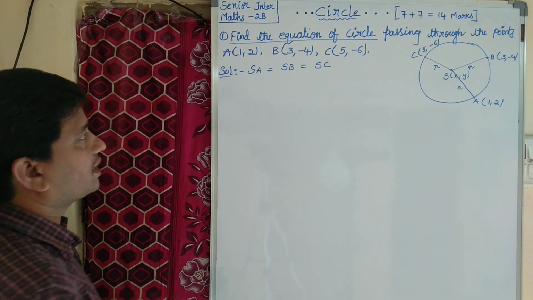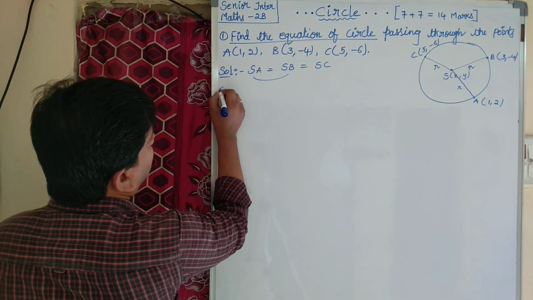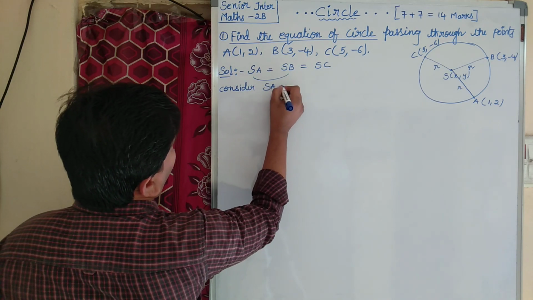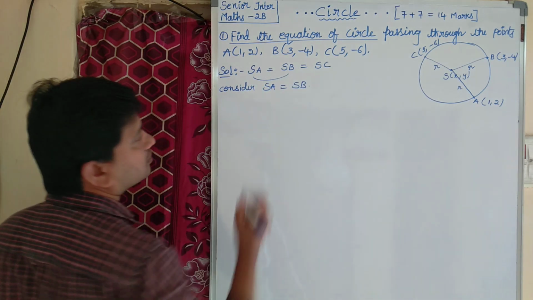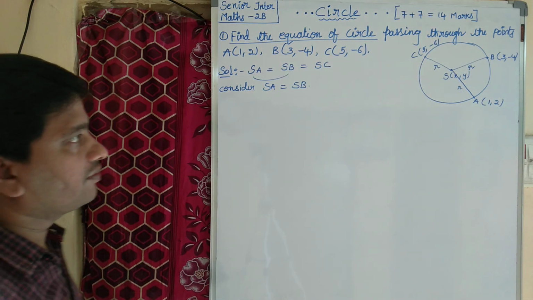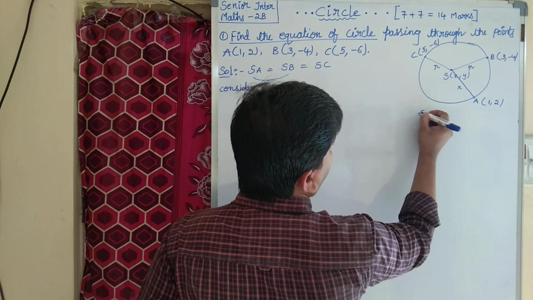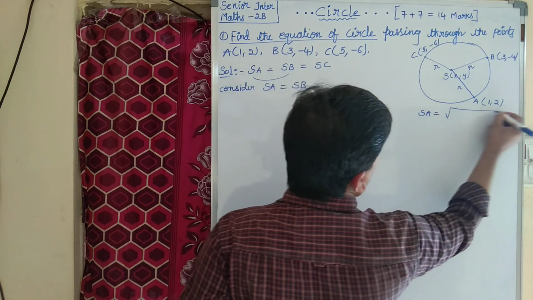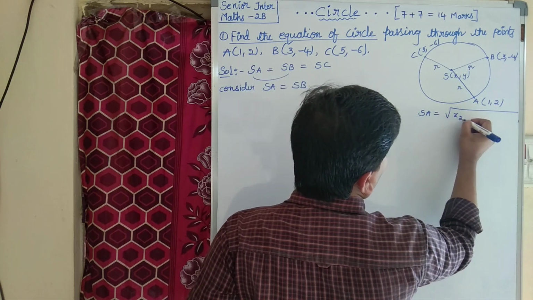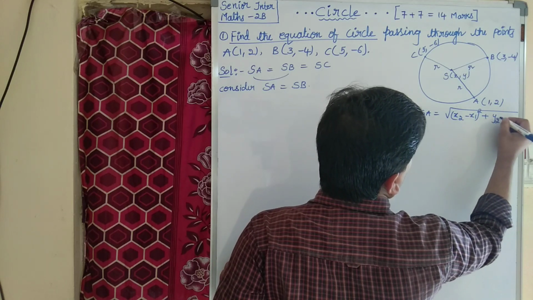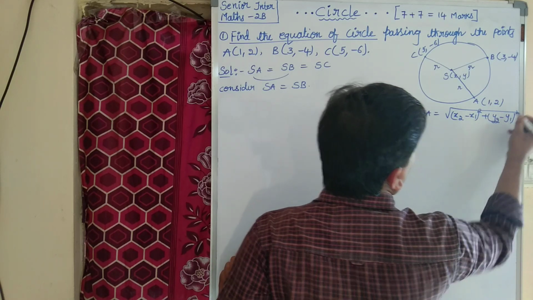Okay, children. First let us consider SA equal to SB. Right? Children, we know the distance between 2 points formula is root over (x2 minus x1) whole square plus (y2 minus y1) whole square.